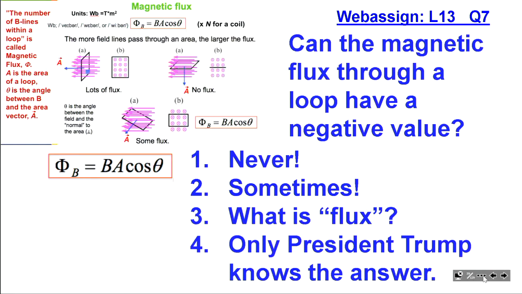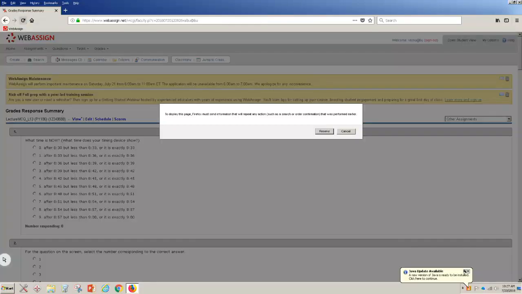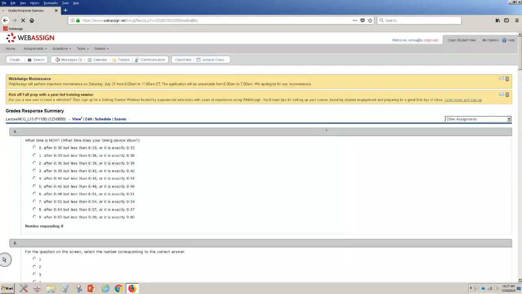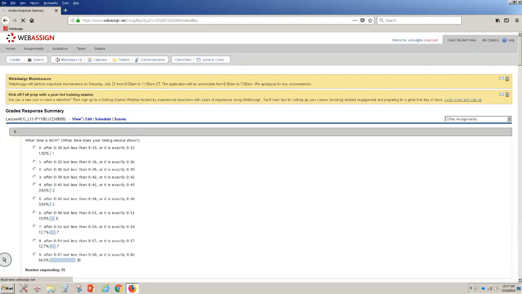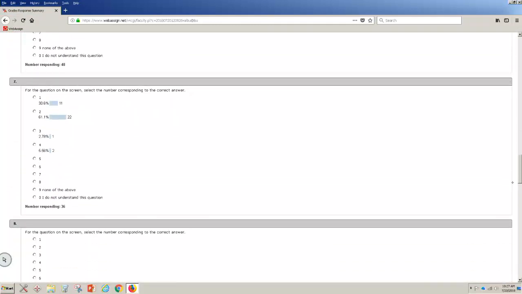And this is a question which I want to check, because I would expect 100% correct answers to this question. That's equation number 7. My expectation was wrong.